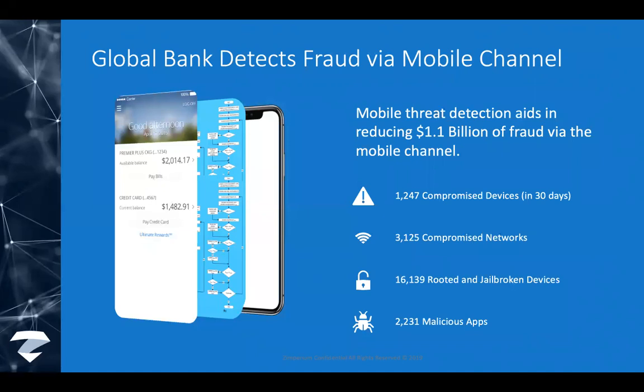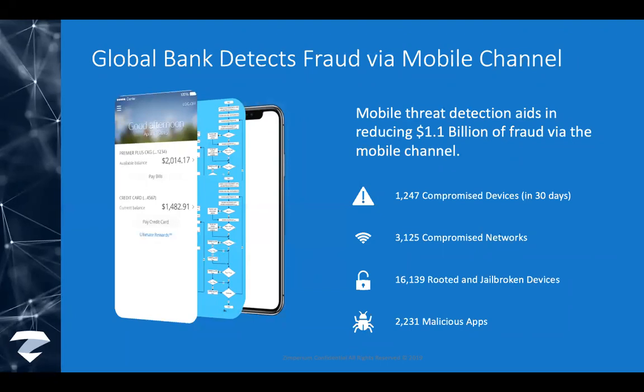The data that I showed you earlier was from a mobile banking app, and what the bank tells us is that it helps them aid in $1.1 billion. This is a U.S. bank, so it's dollars, via the mobile channel. Just in 30 days, they found 1,200 completely compromised devices. They wouldn't have seen this otherwise because they can't identify a compromised operating system. They're only controlling their own app.